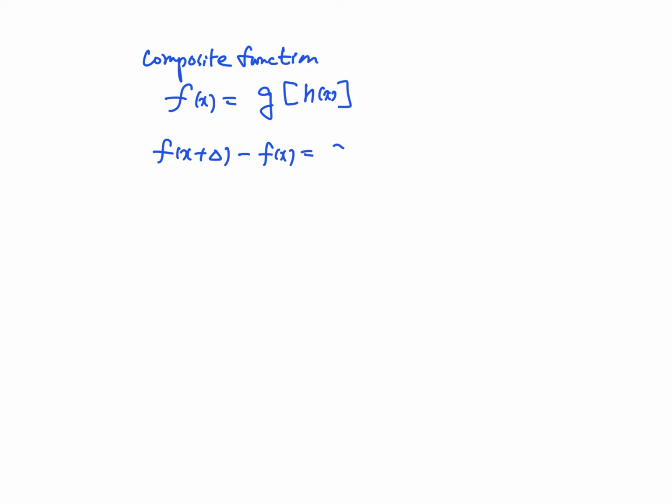Another case is the composite function. So, the derivative of a composite function: f(x + delta) minus f(x) over delta, where f is g of h(x).